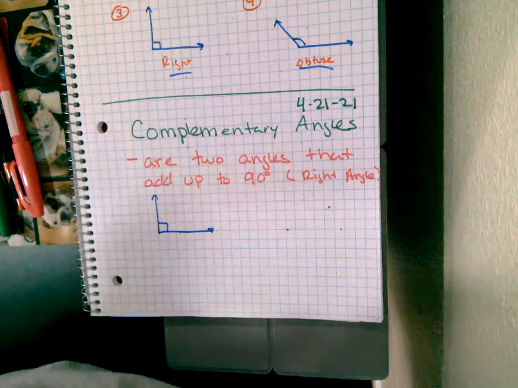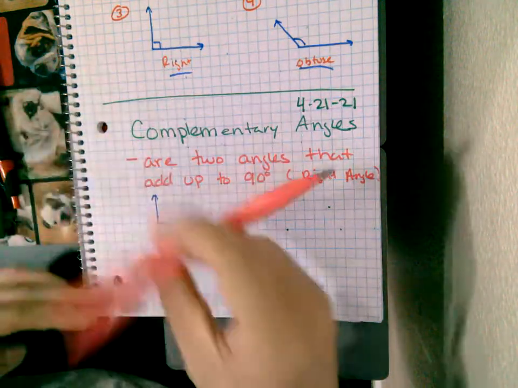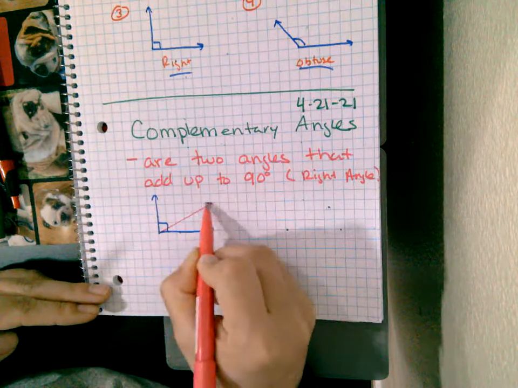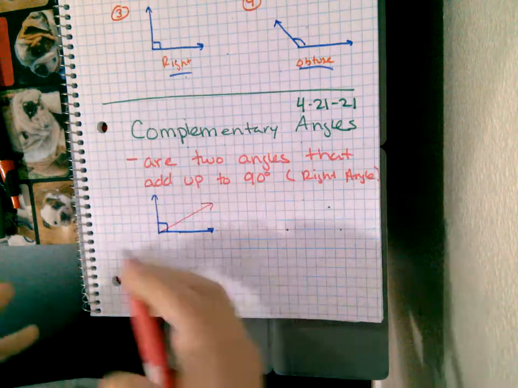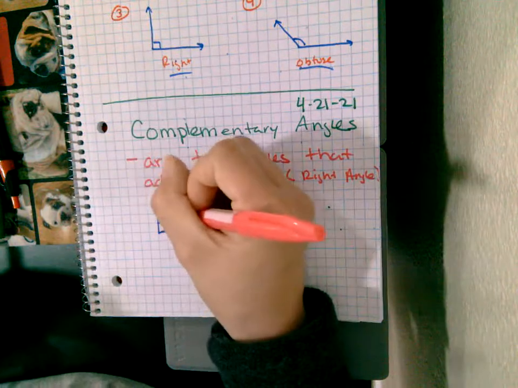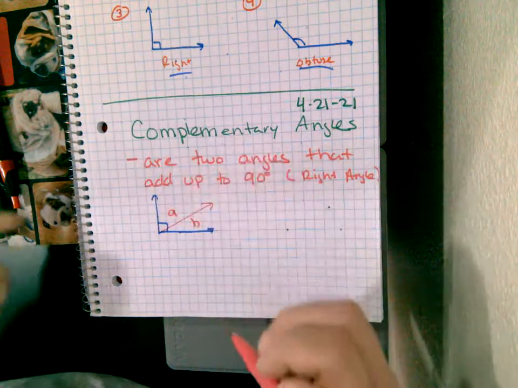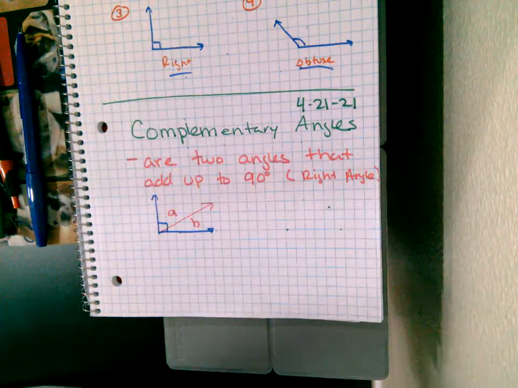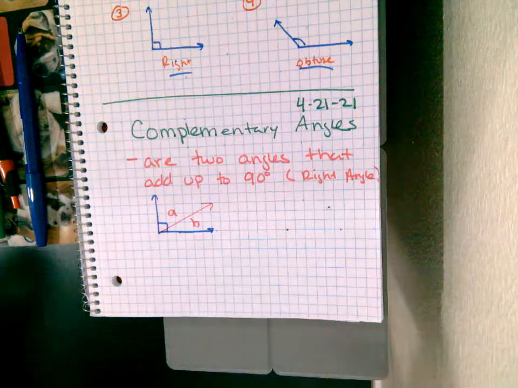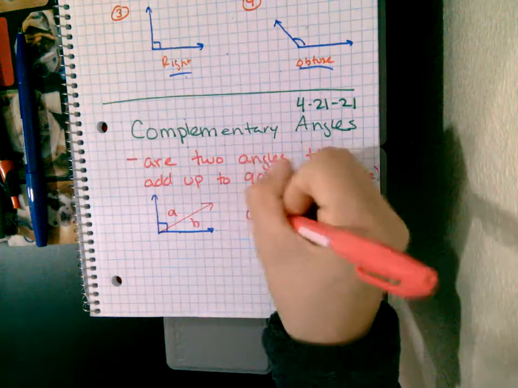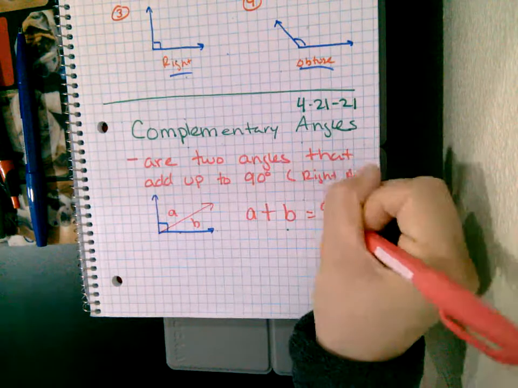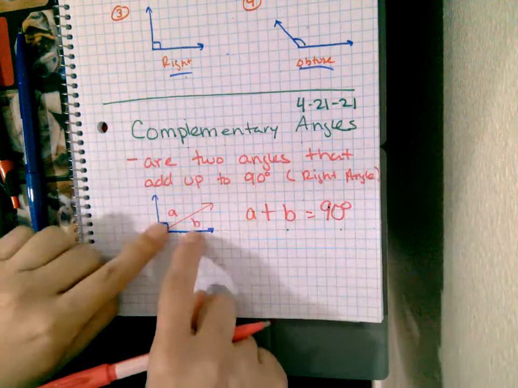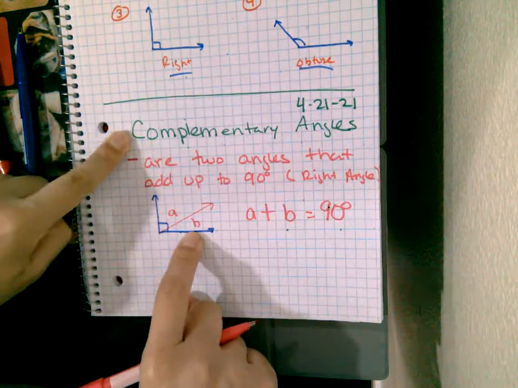But if you split it and you create two angles, let's say angle A and angle B, and these two angles, when you add them, give you 90 degrees, we call these angles complementary angles.